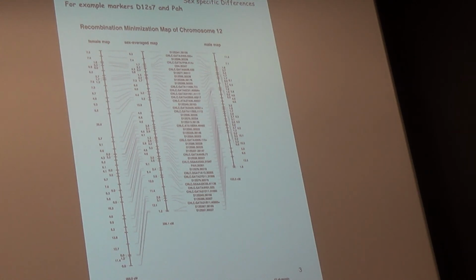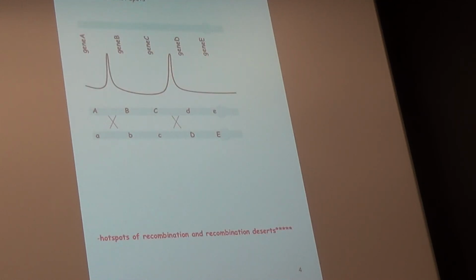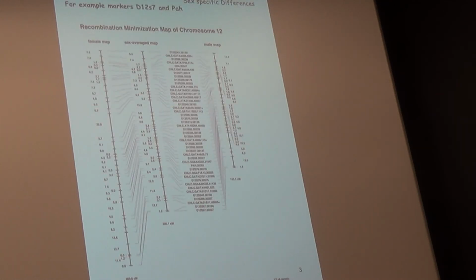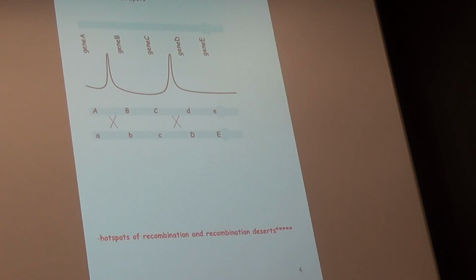So you draw them out like this. And that's one aspect that you observe, is that there is a difference in recombination frequency between the sexes.